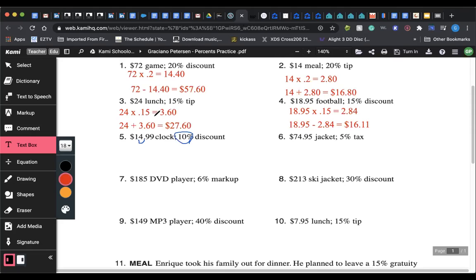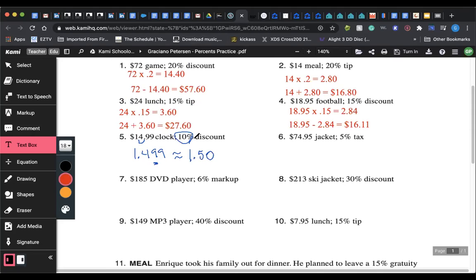So then I'm looking at 1.499. And 9 is where money ends. The next number after this 9 is another 9, so you have to go up to the next number. So this is going to make this discount $1.50.